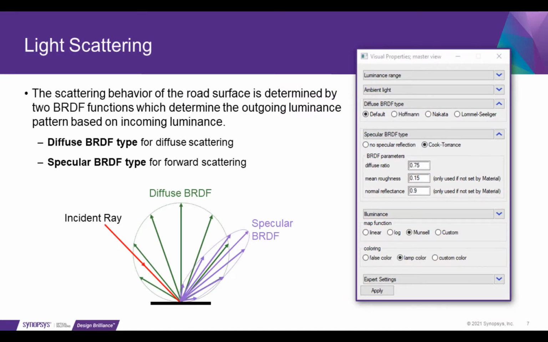The scattering behavior of the roads is specified by two bidirectional reflectance distribution functions and determines the outgoing luminance pattern based on incoming luminance. The diffuse BRDF type determines the diffuse surface scattering. The specular BRDF type is responsible for forward scattering.